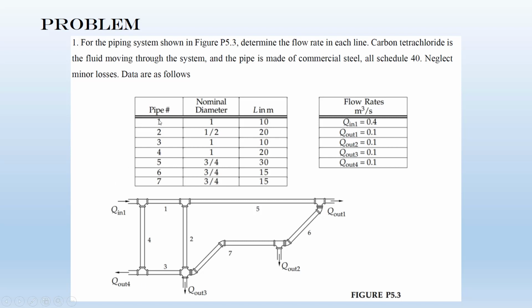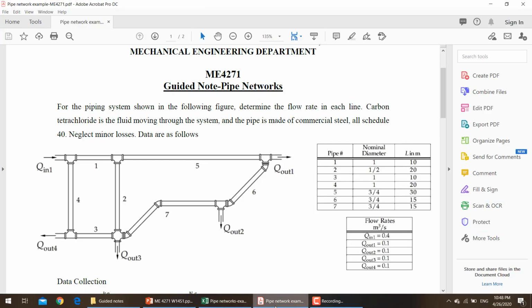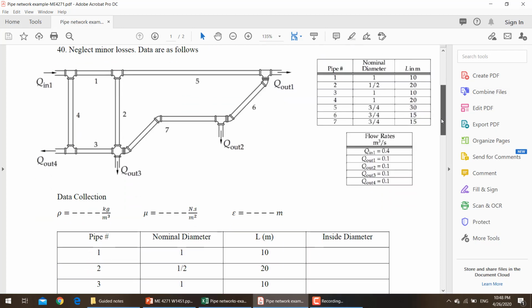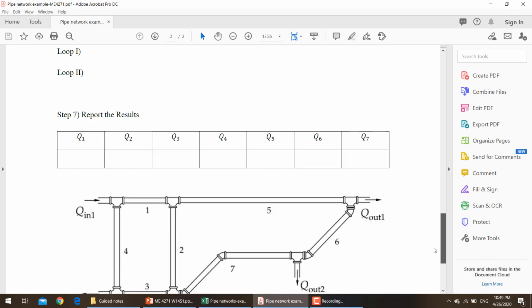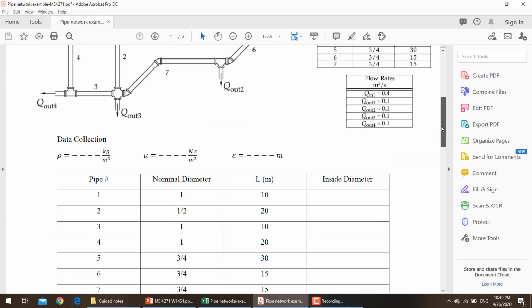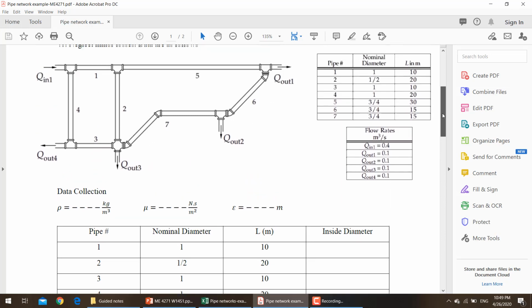And so we have the information for the pipe size and lengths for all pipes, and you can assume that the minor losses are negligible, and then you are asked to find the volumetric flow rate for all these pipes. So in this PDF file, I show the different steps to solve this problem. So you can use this file to solve the problem.